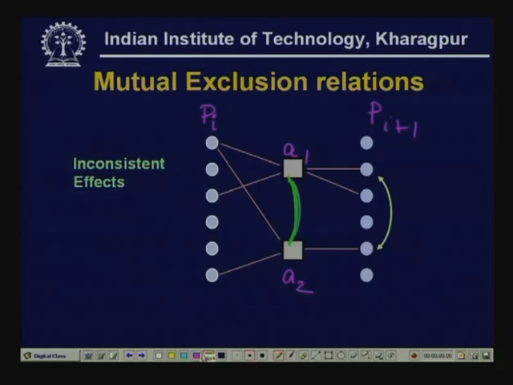This could happen, for example, suppose Q is the effect of A1 and not Q is the effect of A2, and since Q and not Q are mutex, they cannot occur together, then A1 and A2 will be mutex. So, this condition is called the inconsistent effect condition. Two actions will be mutex if their effects are inconsistent.